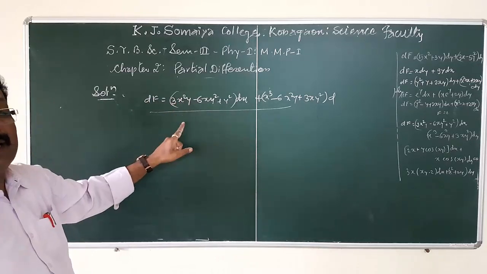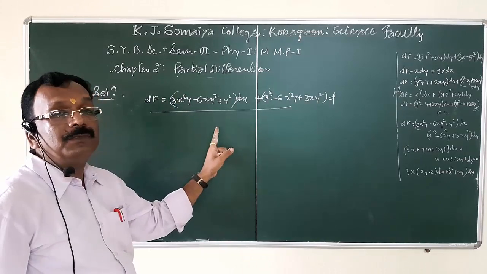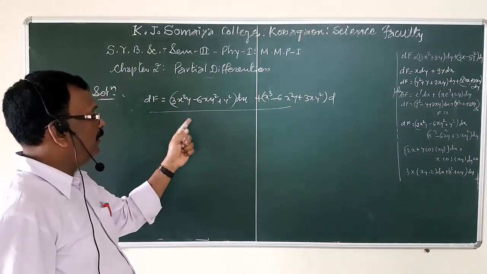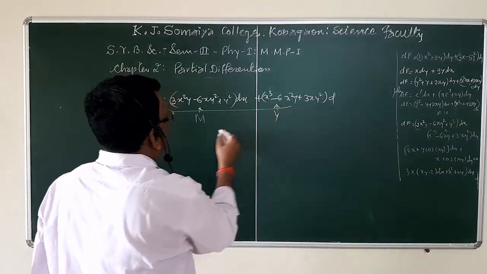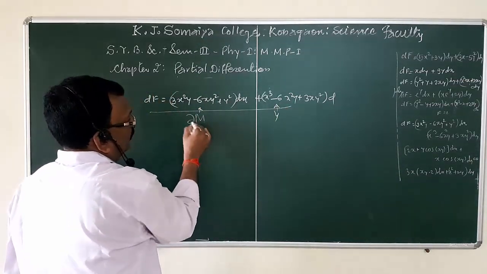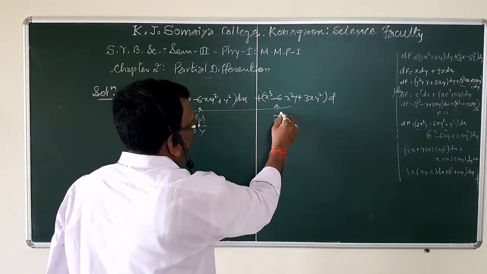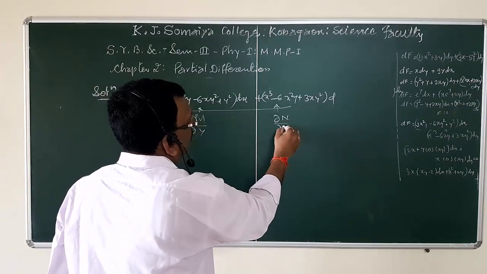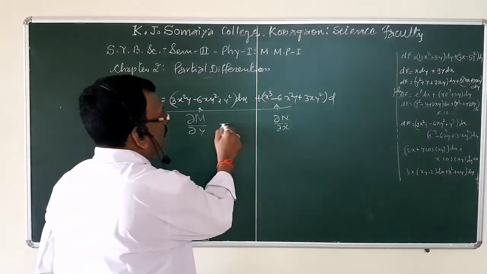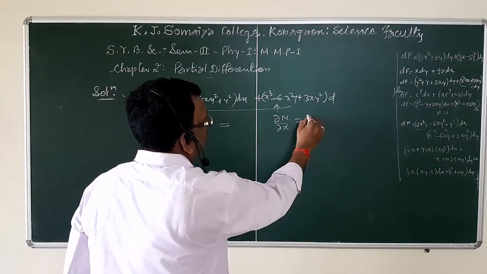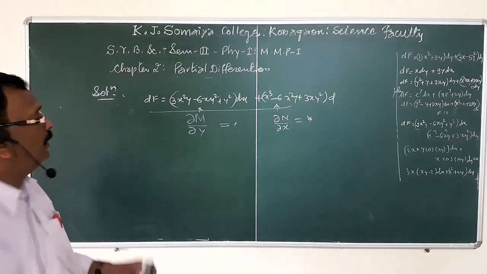Compare this equation with the standard format of exact differential, that is df is equal to m dx plus n dy. Comparison gives the value of m and the value of n. Again differentiate this m with respect to y and differentiate this n with respect to x. You will find that both show the same result, and hence the given differential equation is an exact differential equation.